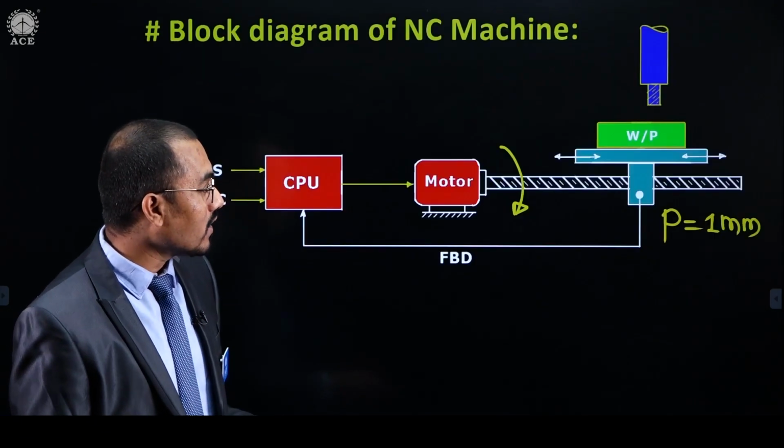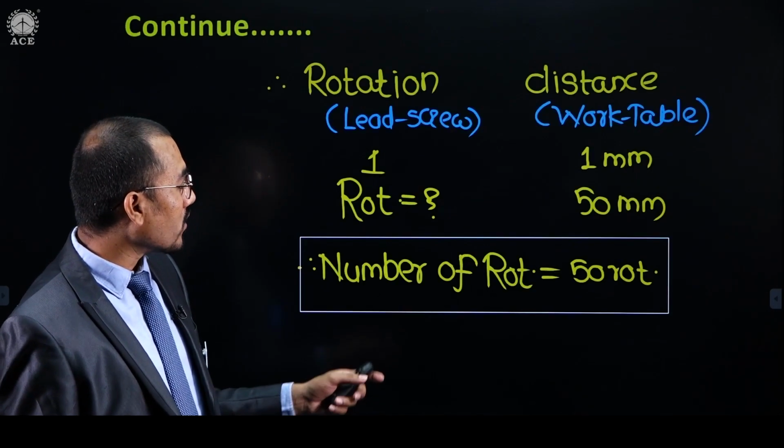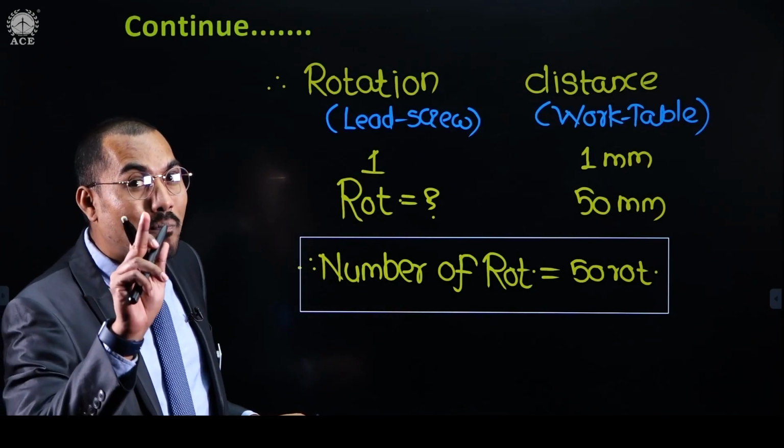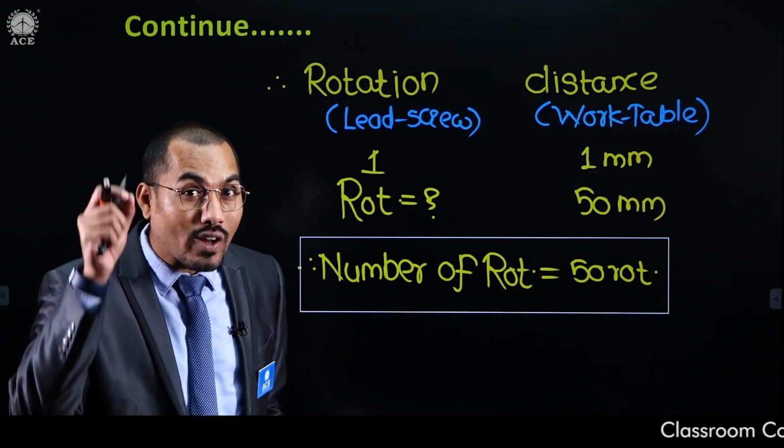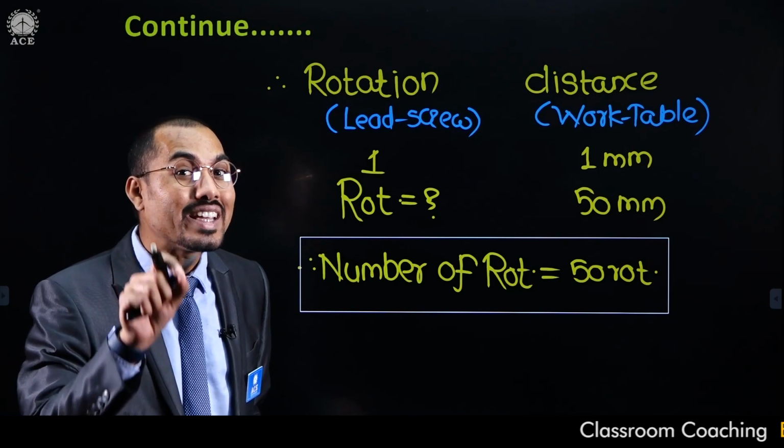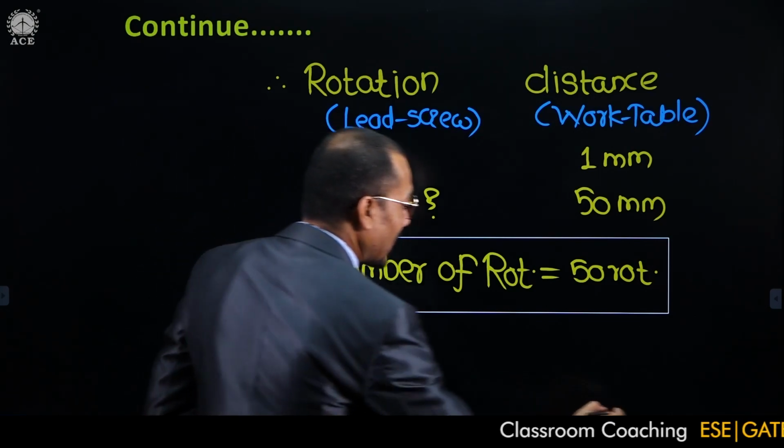So in one rotation, the backlash is 1.8 degrees. Now I require 50 rotations. For those 50 rotations, how many degrees of backlash are coming? First of all, we'll calculate that.